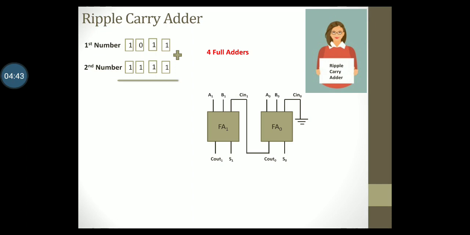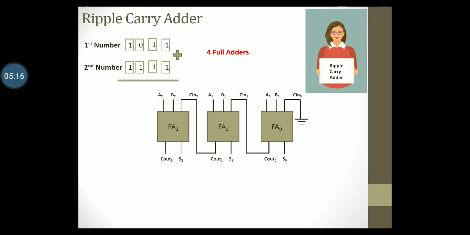To add the third column, we need another full adder. Observe the naming nomenclature again. This full adder is named as FA2 and has 3 inputs A2, B2 and Cin2. Note that Cin2 is connected to Cout1 from the previous full adder. This full adder also has two outputs, S2 and Cout2.